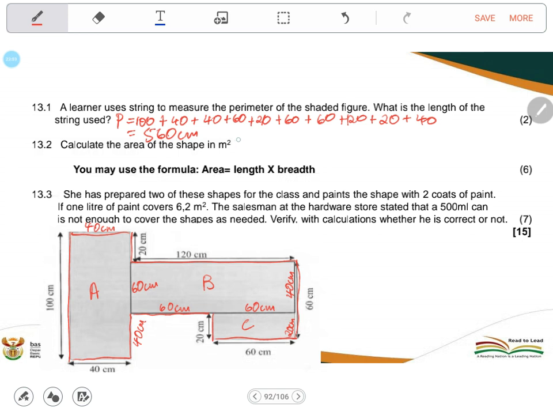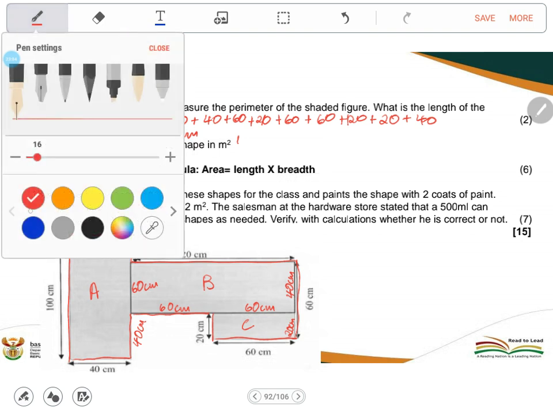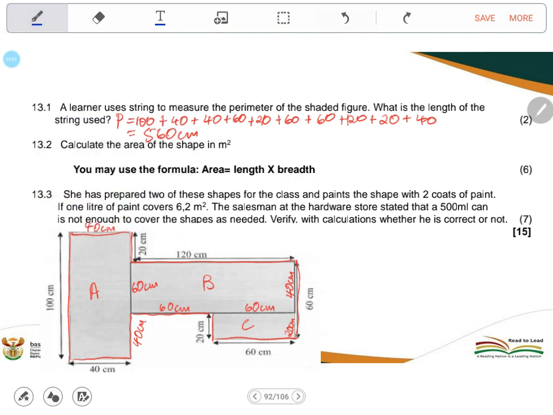The area of rectangle A is equal to length times breadth, so we'll simply substitute there and have 100 centimeters multiplied by 40 centimeters.